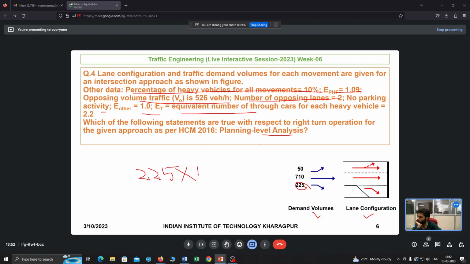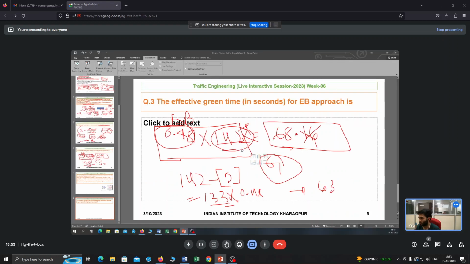One, you have to calculate what is the percentage of heavy vehicles. CPHF is 1.09. Then opposite traffic volume is 526. Then okay, let's go to the actual solution.